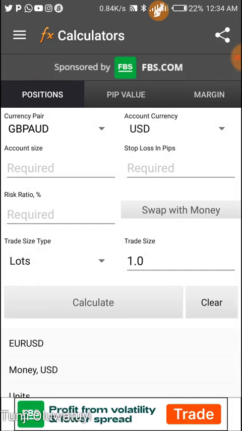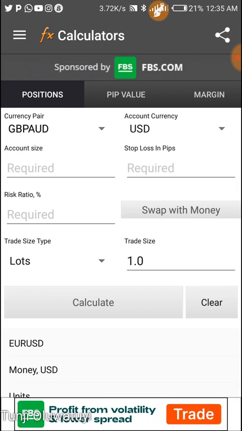Another beautiful feature of this app is the calculator. There are a couple of things you just have to do, and one of the most important things when you are planning a trade is determining what your position size is going to be. In another tutorial I taught you how to do that manually using a formula, but you may not have all the time to do the calculation manually.